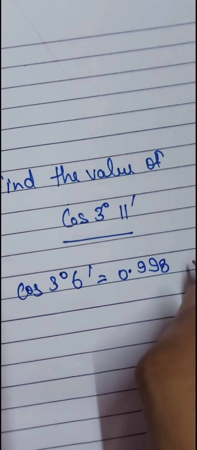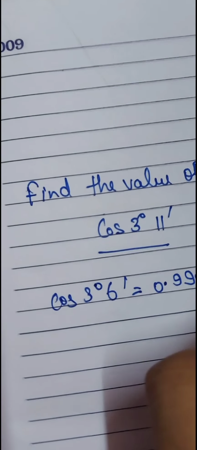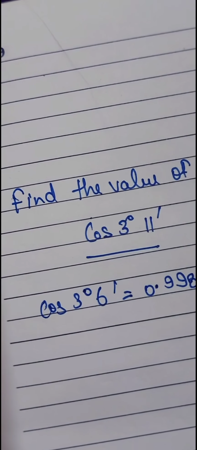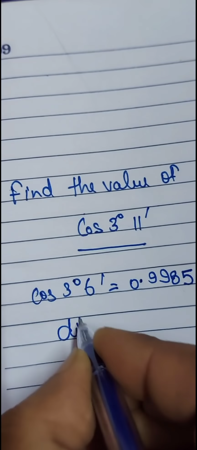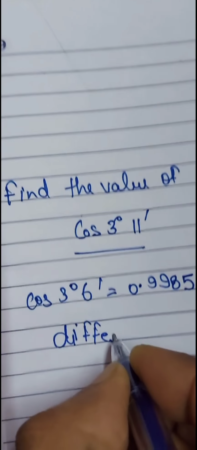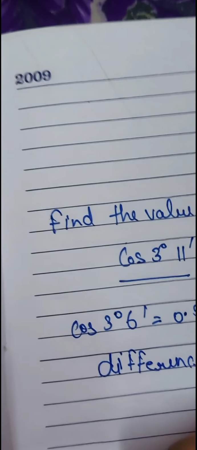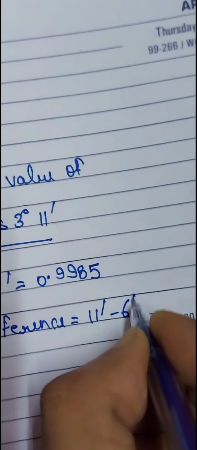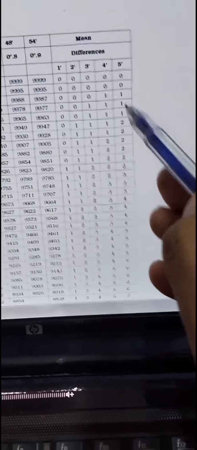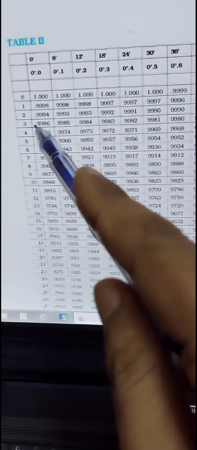So cos 3 degree 6 minute is 0.9985. Okay. Now what is the difference? Difference is 11 minute minus 6 minute, that is 5 minutes. So in the mean difference column we will see in the 5th column and in the corresponding row of 3 degree. So mean difference is 1.